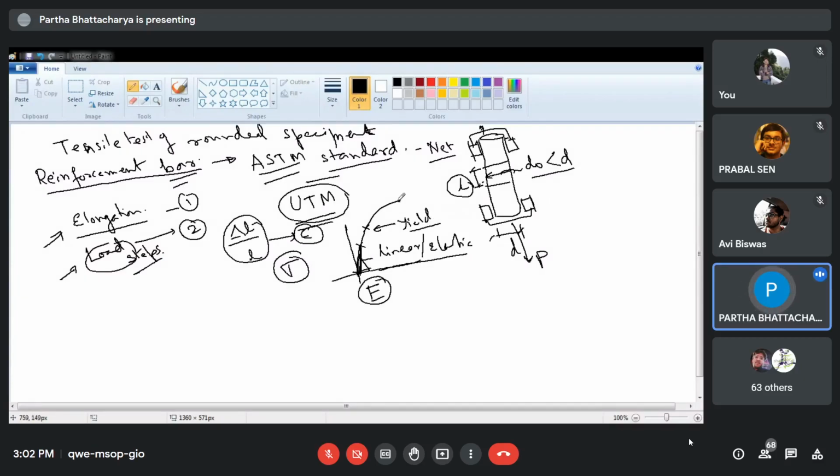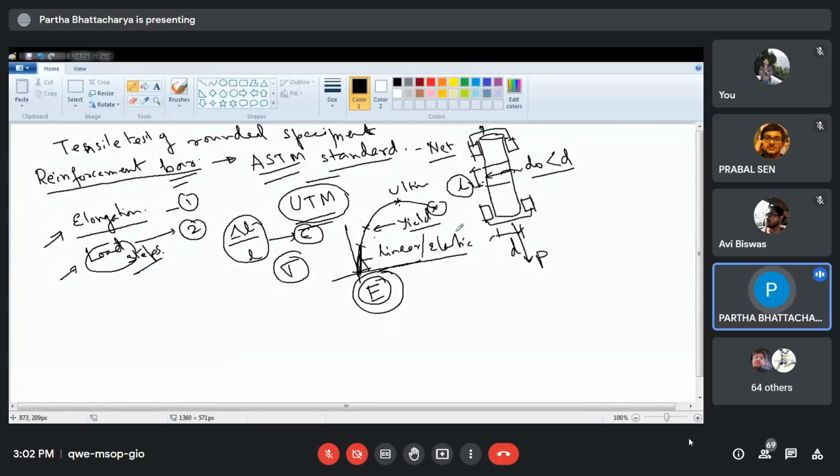Then you will have the ultimate load, and then it will fail somewhere. This is an approximate curve that I have drawn, but depending upon the specimen you are testing, you have to plot this graph, and from that graph you will obtain all these four properties: Young's modulus, yield point, ultimate point, and the breaking load.